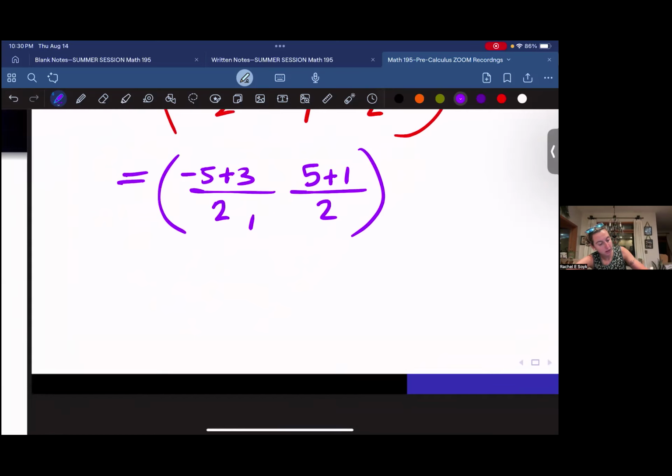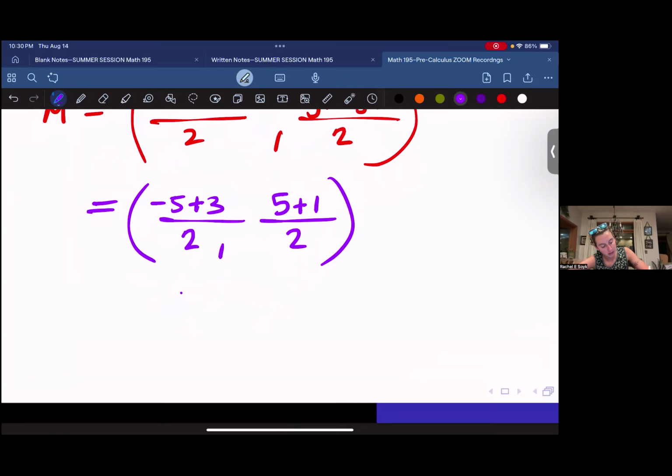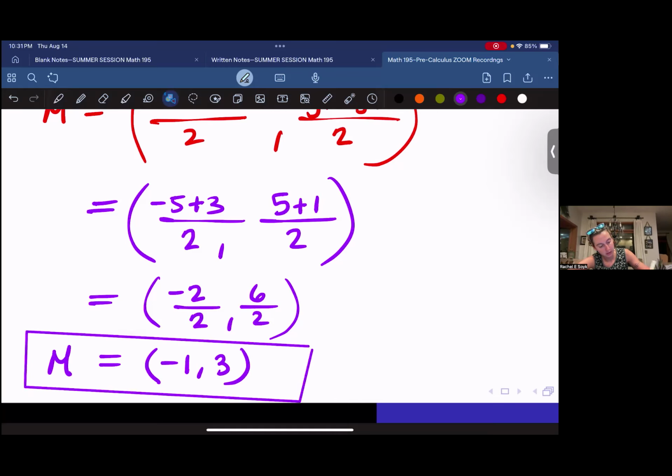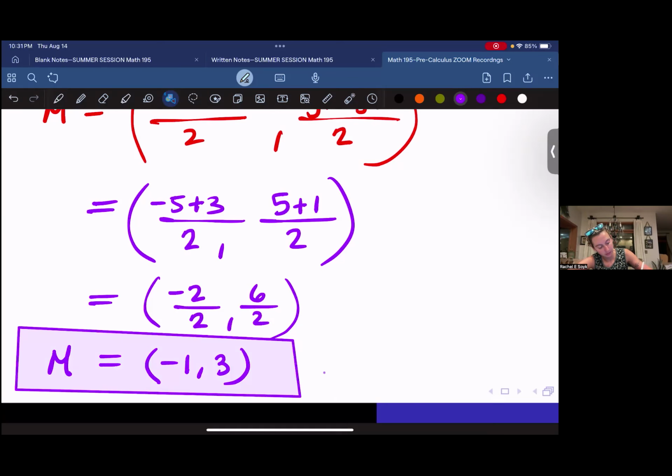Simplify. -5 plus 3 is -2 over 2. 5 plus 1 is 6 over 2. -2 over 2 is just -1. 6 over 2 is 3. So our midpoint is just -1, comma 3. And that's it. Easy enough.